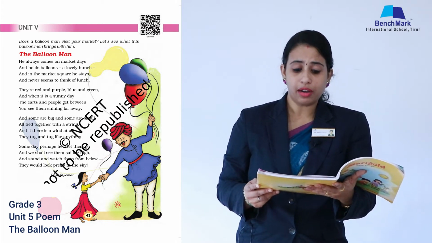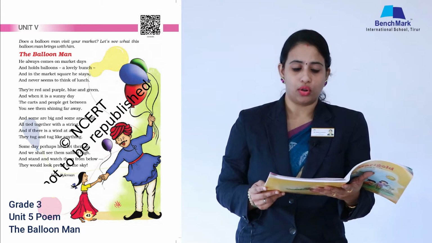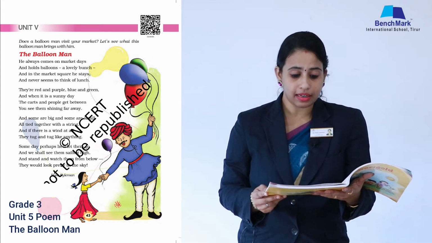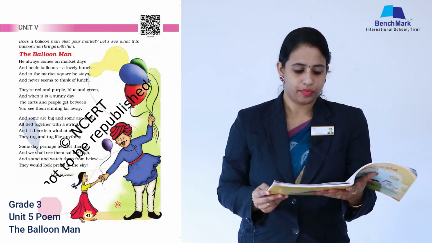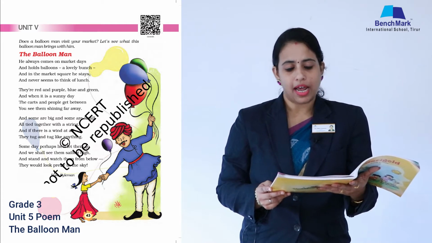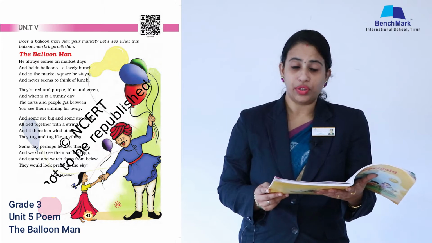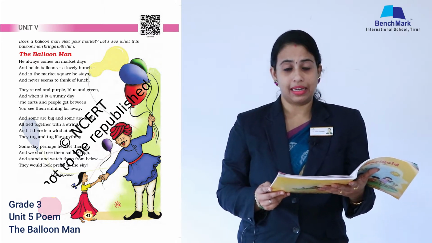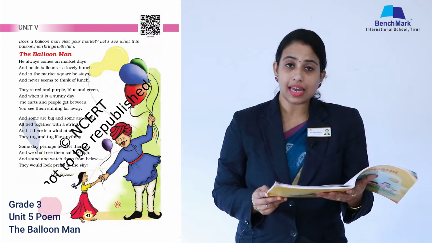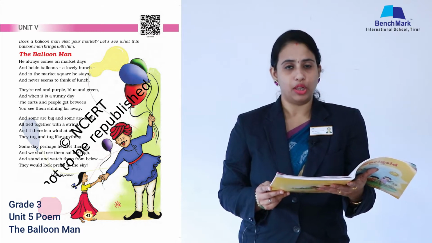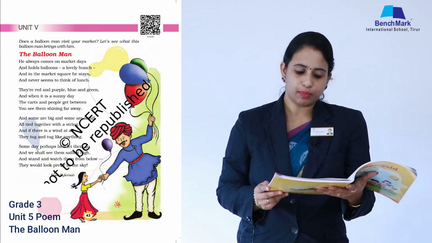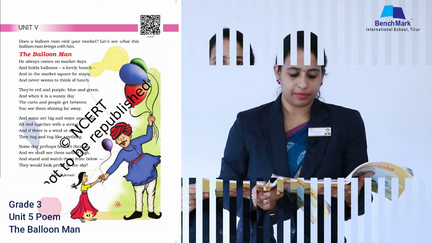And if there is a wind at all, they tug and tug like anything. Someday perhaps he will let them go, and we shall see them sailing high and stand and watch them from below. They would look pretty in the sky.